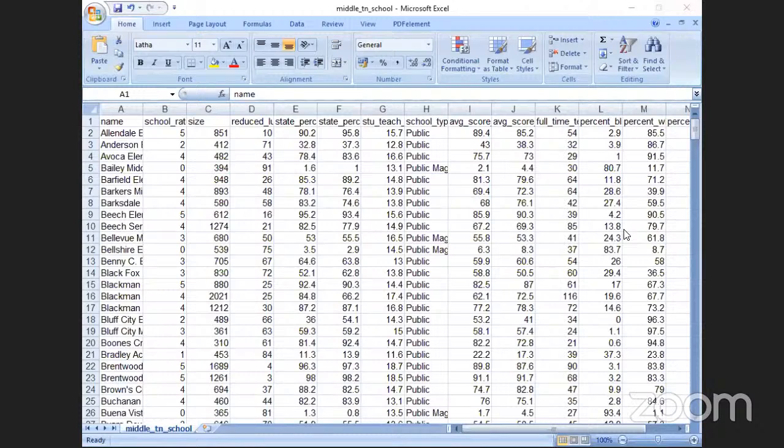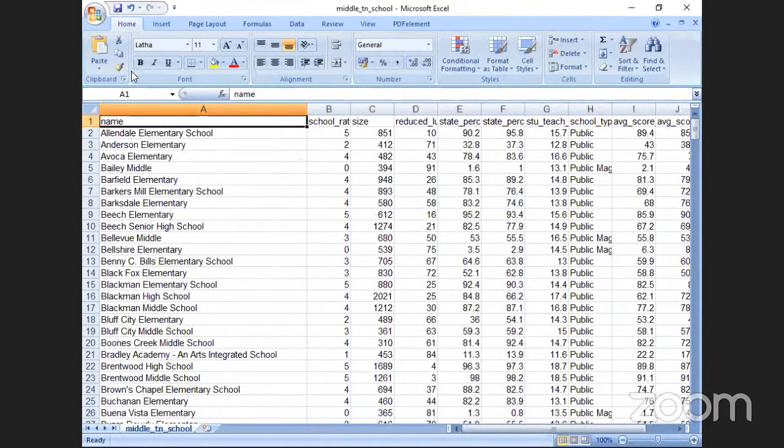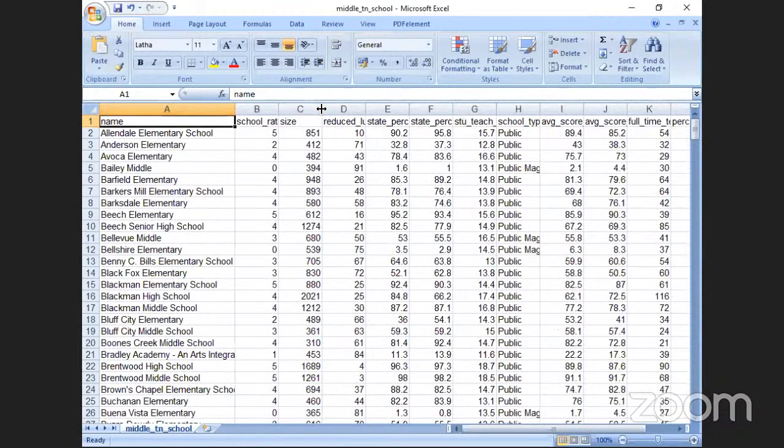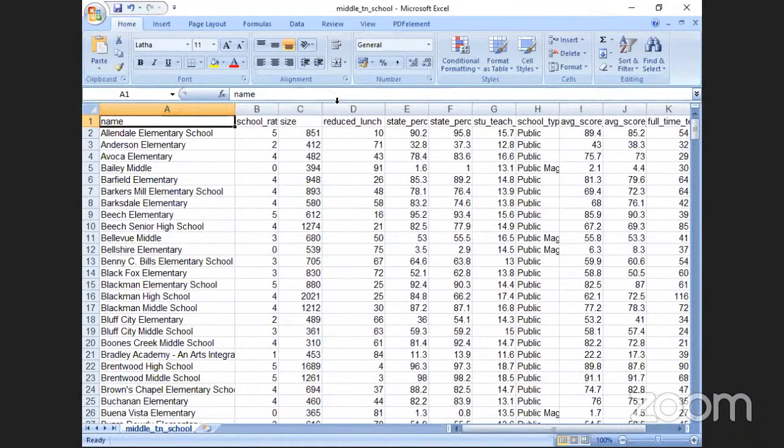So she has generated the data set with several parameters. For example, name, name of the school, rating, and then size of the school, then reduced lunch. We are going to discuss this parameter later, because it has influence.